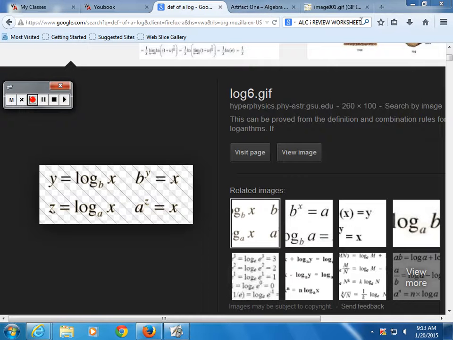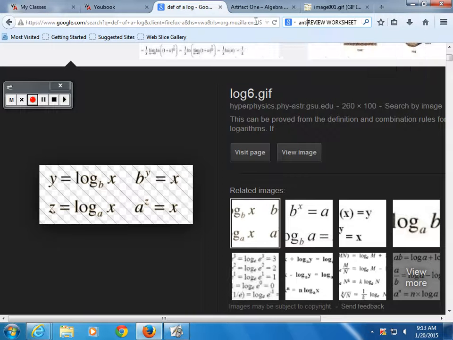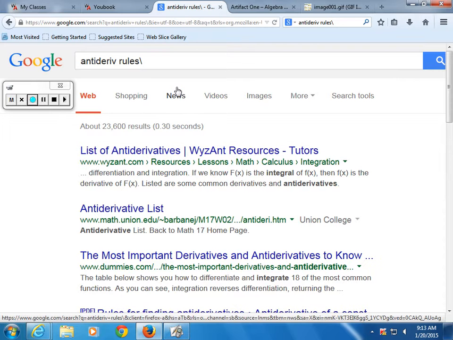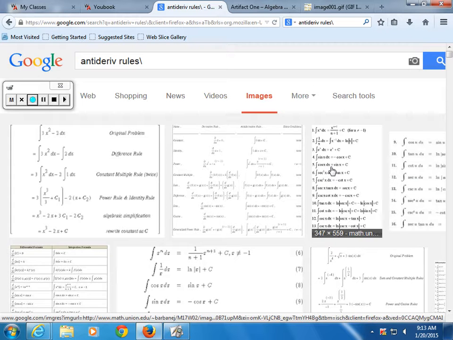All right, let's pull up, what do we call it? Antiderivative. Let's pull up one of those. Derivative rules. Let's look up rules first. There we go.